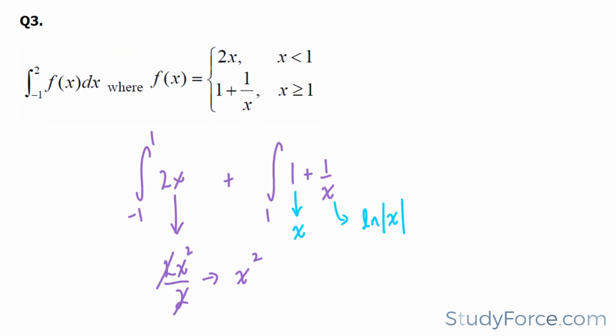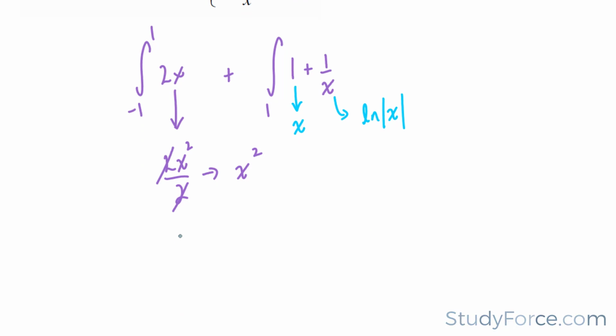So what we're going to do next is evaluate this between negative 1 and 1. Let's start with 1. If we put a 1 here, we end up with simply 1. And if we also put a negative 1, we also get a 1. So we have 1 minus 1 gives us 0. So now we have to evaluate this integral between 1 and 2.